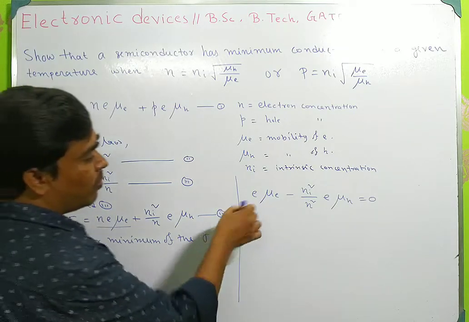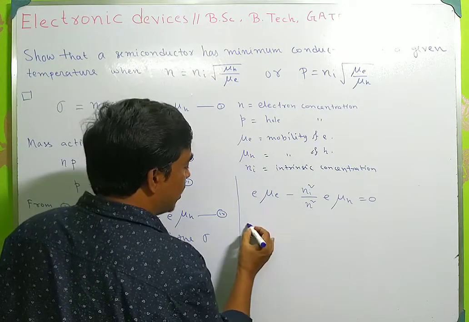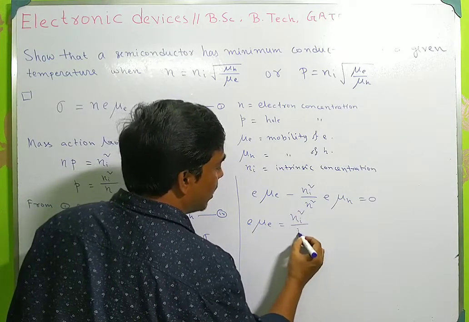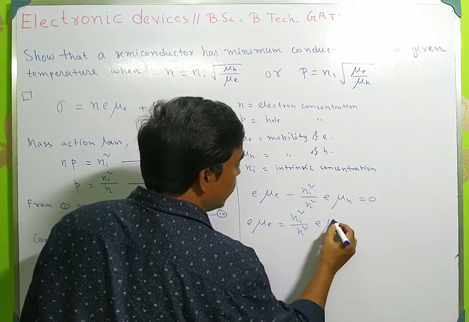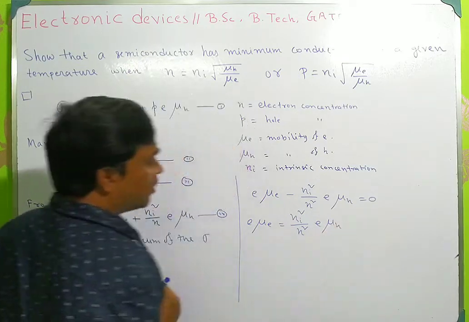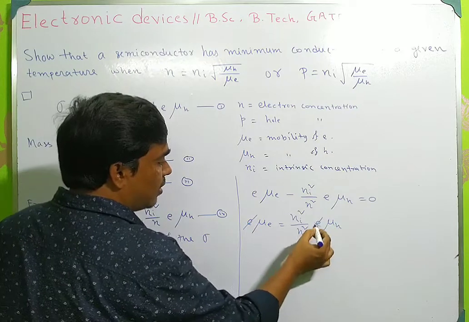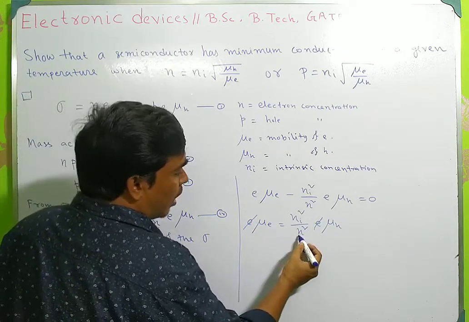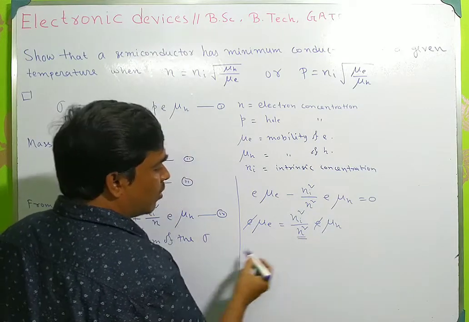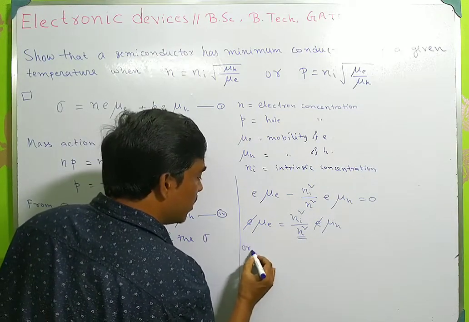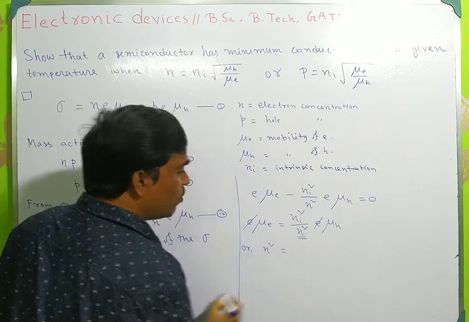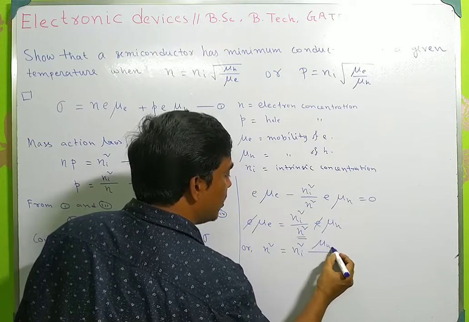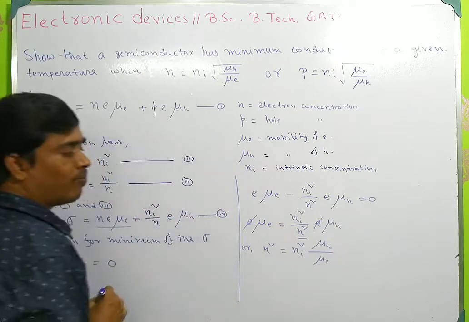From this equation we can say that e mu e equals ni square by n square into e mu h. So this e cancels out. We should calculate the value of n. So n square equals ni square into mu h divided by mu e.